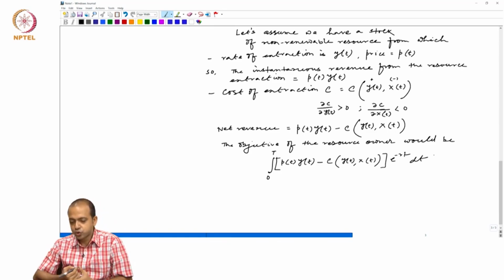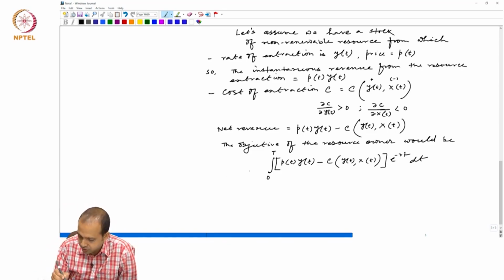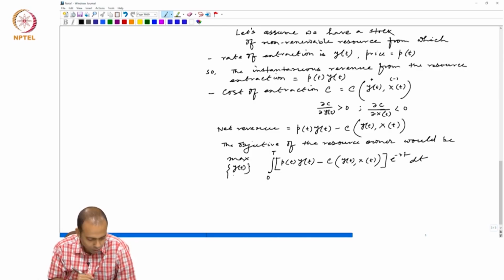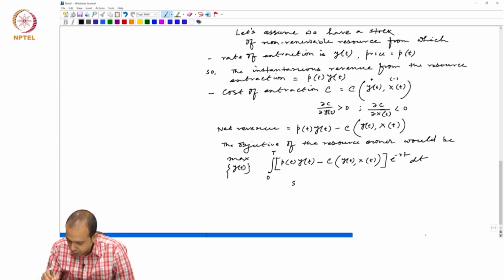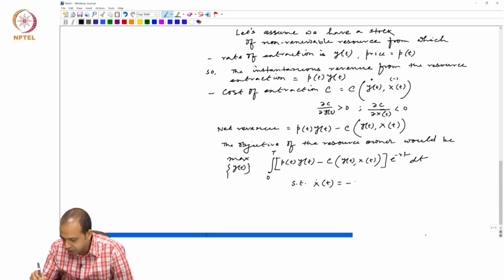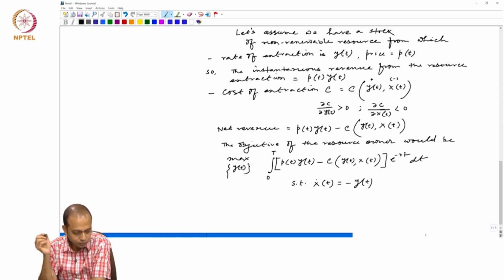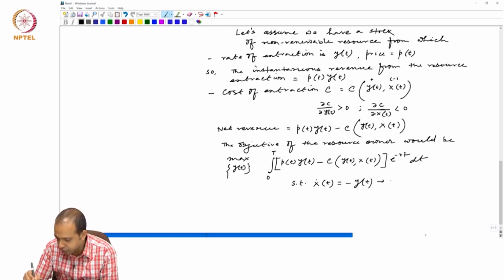That is what the resource owner is trying to do. So, maximize this, and what is the control variable once again? The YT. And what is the constraint here? The constraint is basically x dot t, that means change in stock is negatively related with rate of extraction. Okay. This is called the dynamic constraint we talked about earlier.